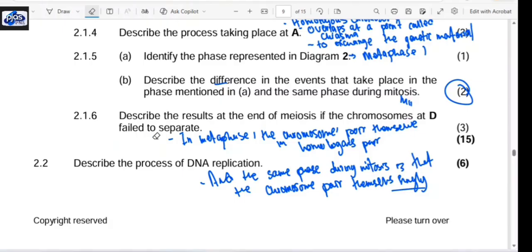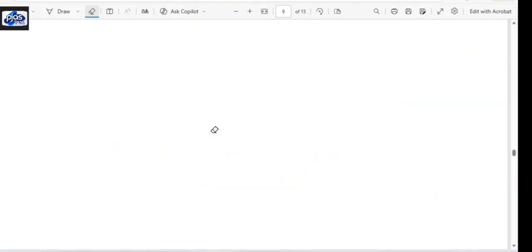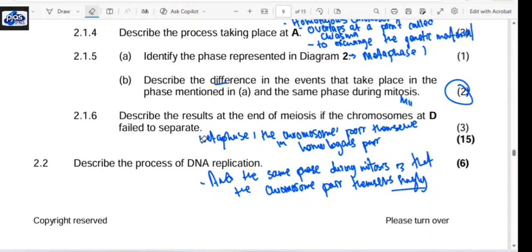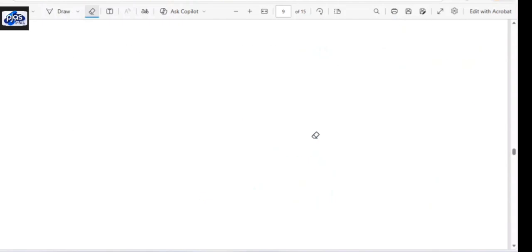Now let us check something. They say describe the results at the end of meiosis if chromosomes at D fail to separate. Okay, let us check.